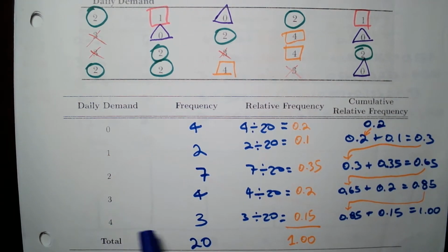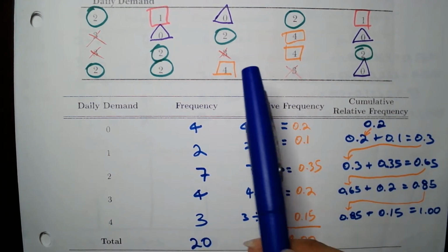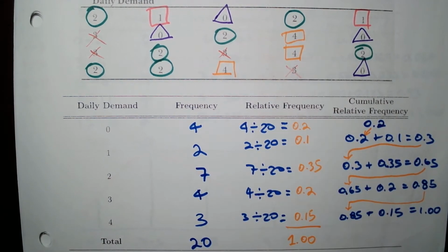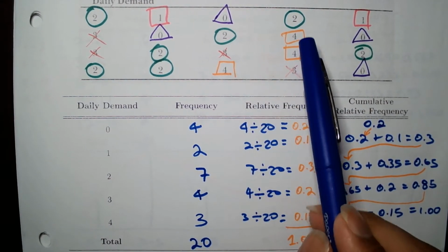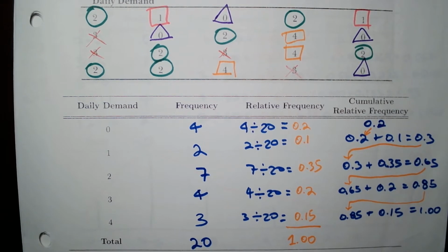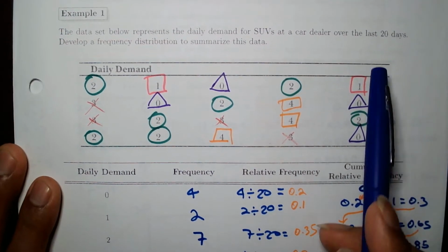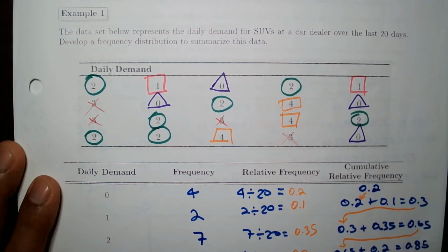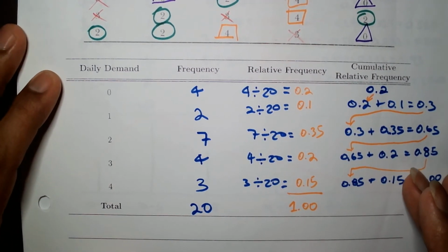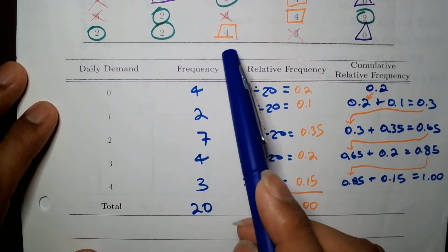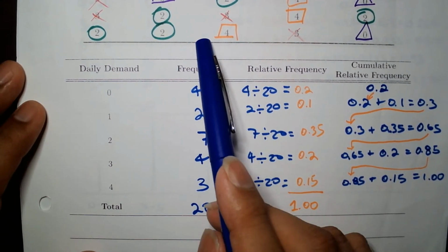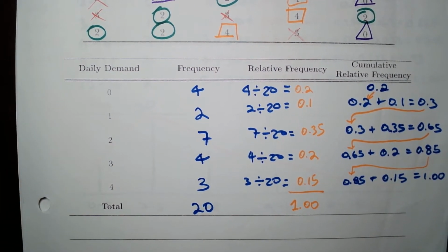We have 3 fours, and those are the three orange squares, 1, 2, and 3. So we need to find the total. We don't have to add them because the problem tells us in the text that we have 20 observations.